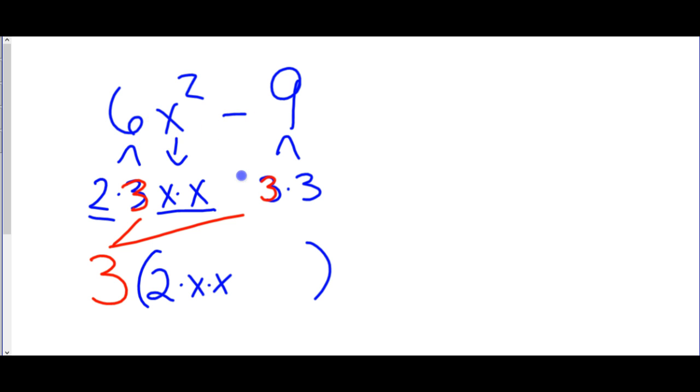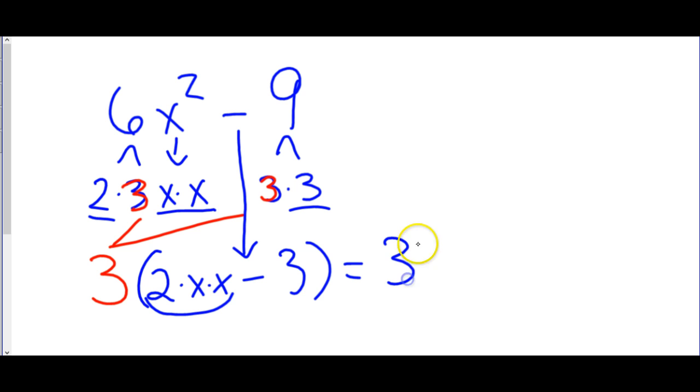Now we can't forget these were separated by a minus sign, so we have to put minus. And then we use the 3 that was left over. And then simplifying, we can multiply this stuff back together. So we have 3 times 2x squared, because x times x is x squared, minus 3.